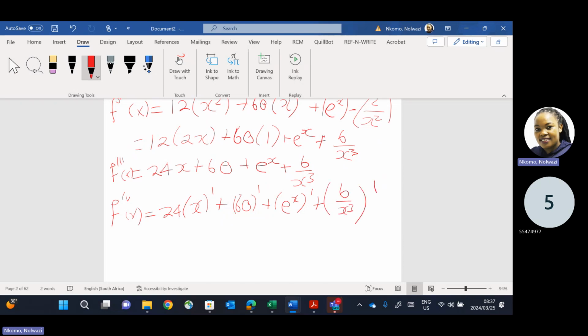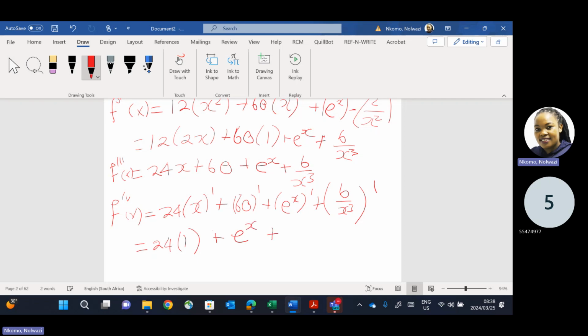Then you do the derivation. If you differentiate x prime, x, you get 1. So we have 24 times 1. If you differentiate 60, 60 is a constant. The derivative of a constant is 0. So there's no need for us to write plus 0. Then you differentiate e to the power x, you get e to the power x. So it's plus e to the power x.